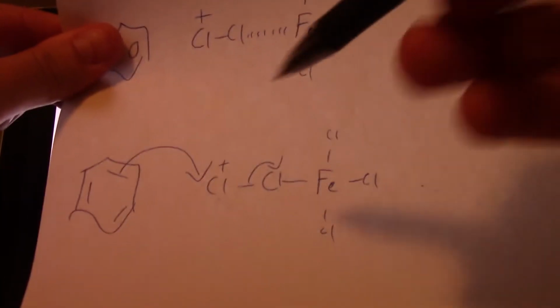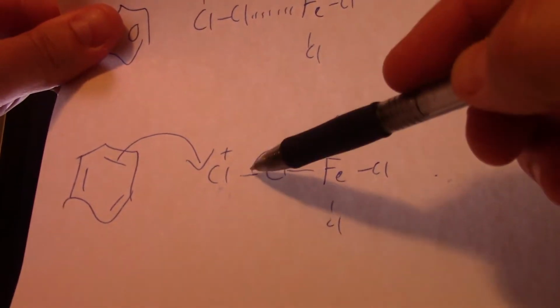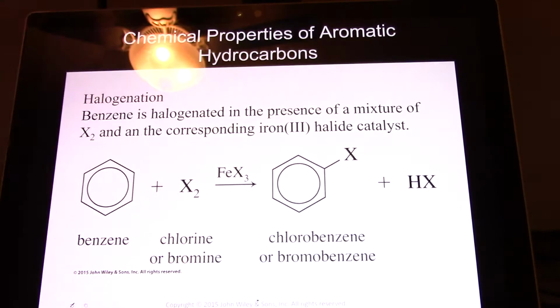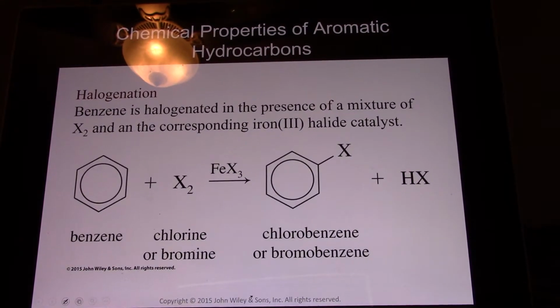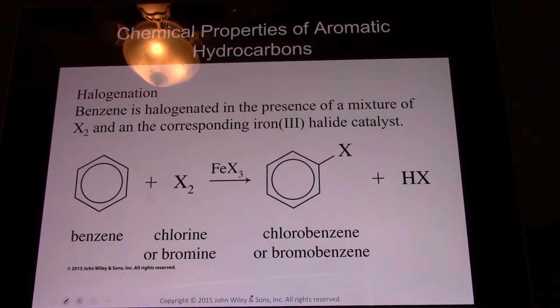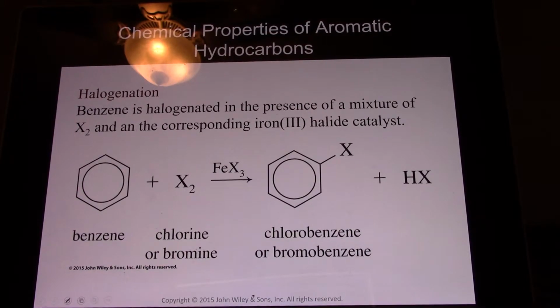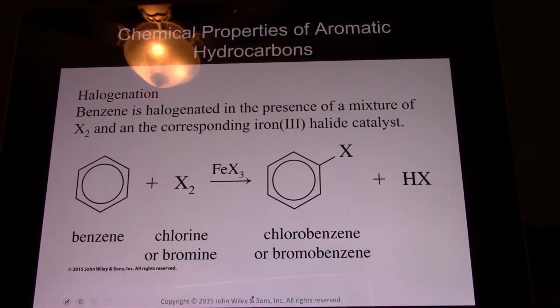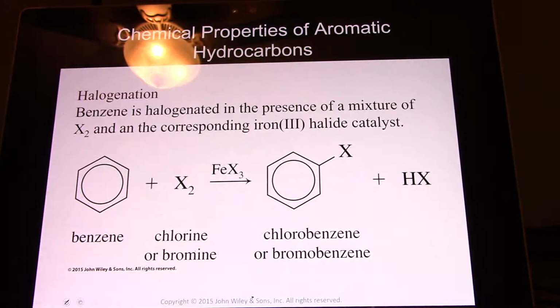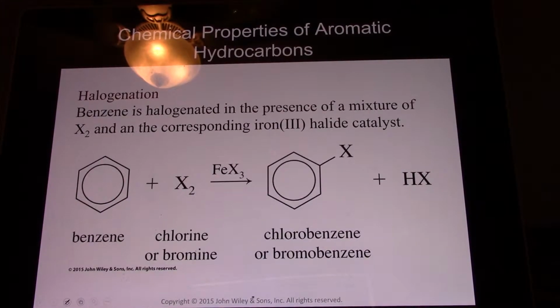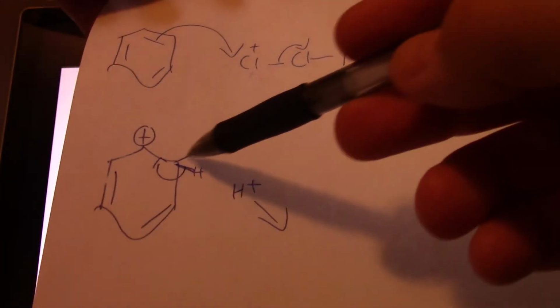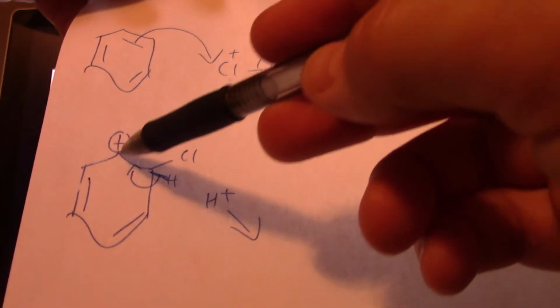The electrons from the benzene attack this positive chlorine, kicking these off, forming this intermediate compound, and then these electrons from the hydrogen come in to get rid of the positive, letting this H plus float away.